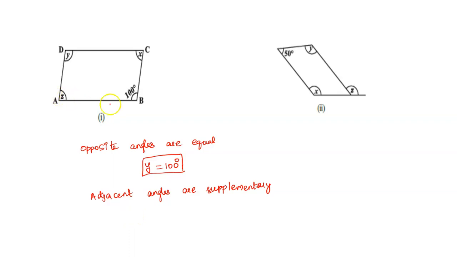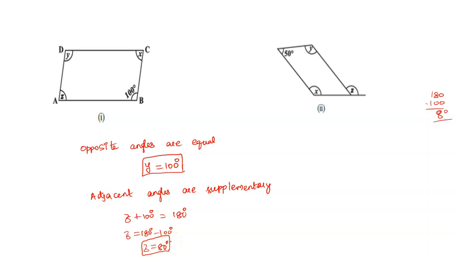Whenever I have z plus 100 degrees, it is equal to 180 degrees. So z is equal to 180 minus 100, which is 80. So z is equal to 80 degrees.